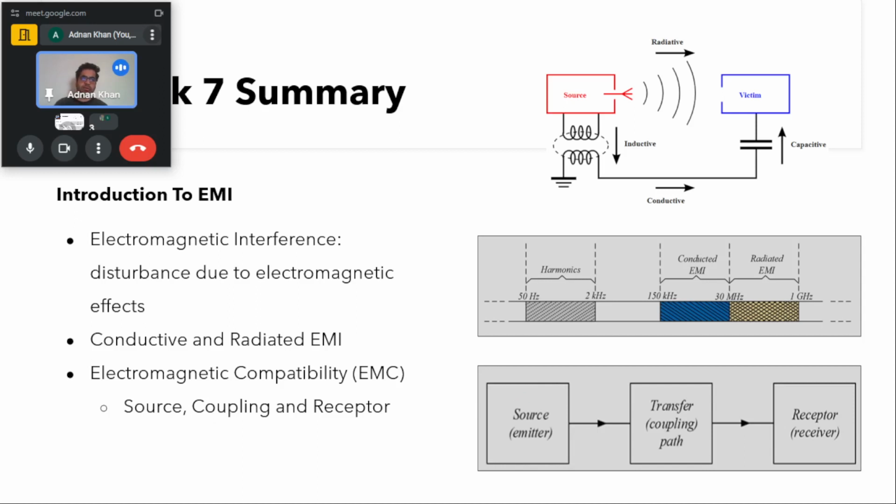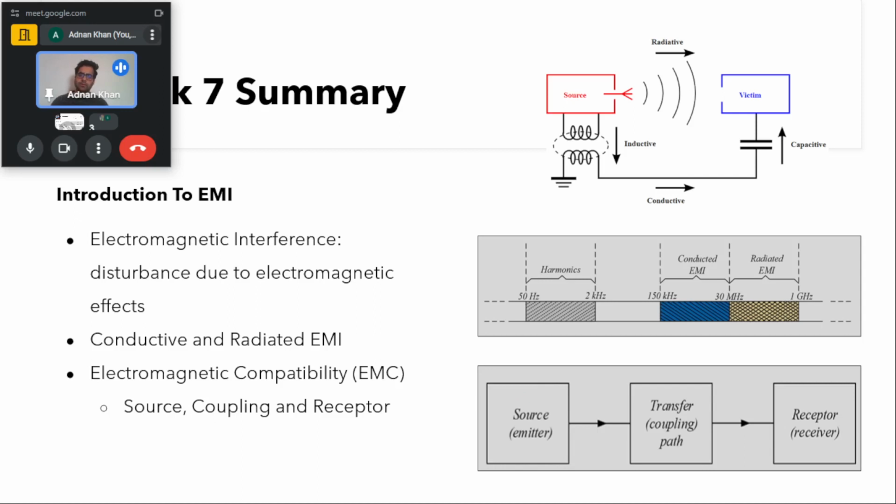Usually the causes are switchings, like high dV by dt or high di by dt in our circuits, which may generate certain voltages and currents, usually at very high frequencies. These may be generated at one part of our converter, or in some other converter, and can affect other parts of the converters and their operations, resulting in mal-operation of our converters, and that may hamper the operation of our converters.